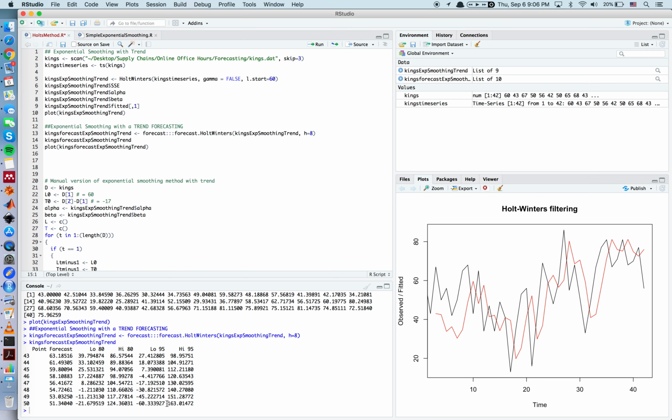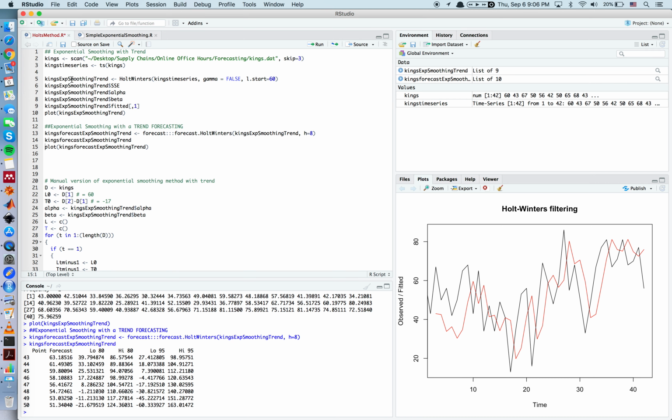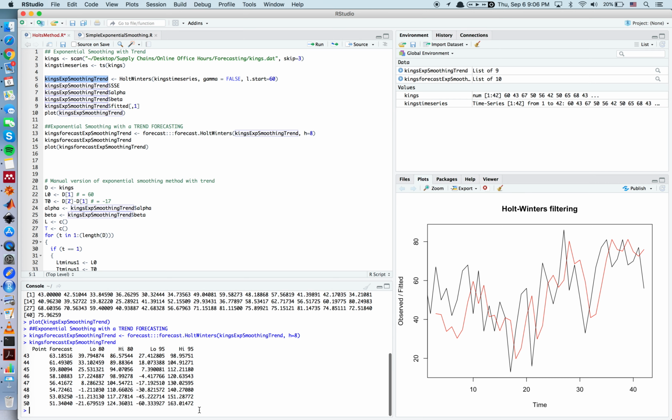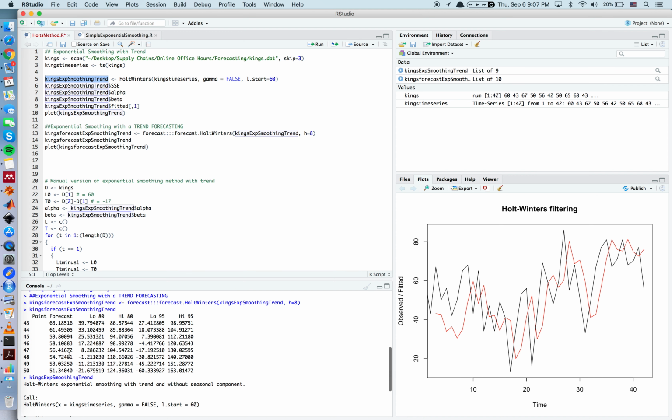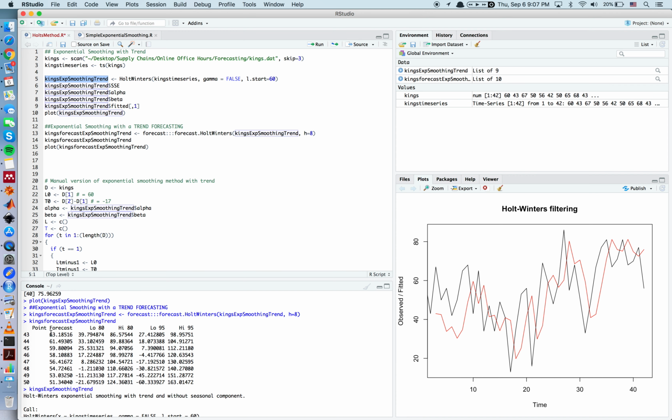If we do this, let's copy this, paste, then this is the final estimate of the trend, t at the length of the data set, so t42. This is the final estimate of the trend, which is negative, and that explains why our forecasts into the future are decreasing. Okay, and like before, we have our lower and upper bounds for the different confidence intervals, so you can use that.